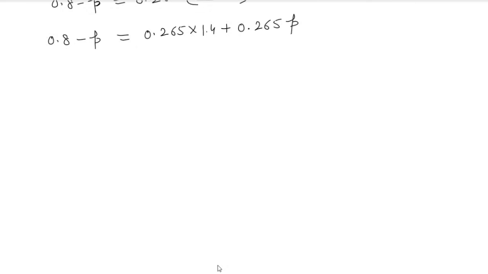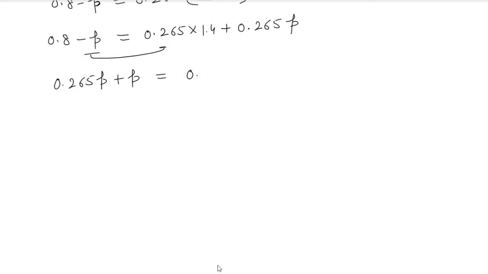So it is 0.265 P plus P, and that is equal to 0.8 minus 0.265 into 1.4.